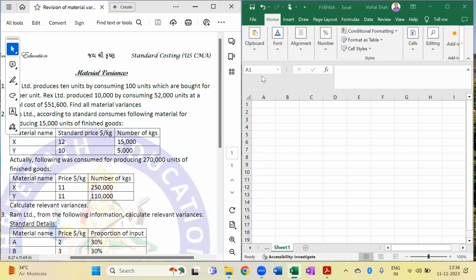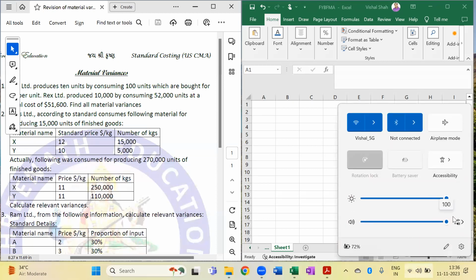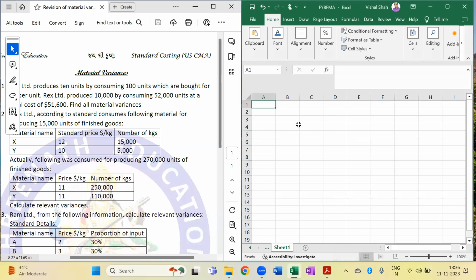Sir, three types means first, there is only one type of material involved. Hello, sir, am I audible now? Yes, very well. So the first type is when there is one type of material used.